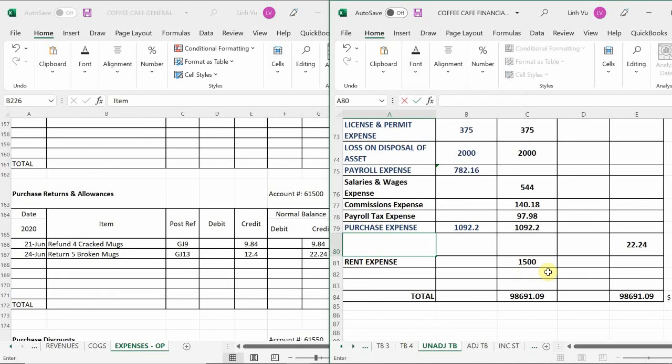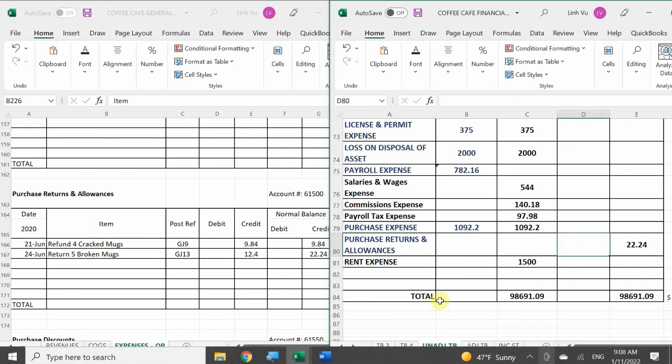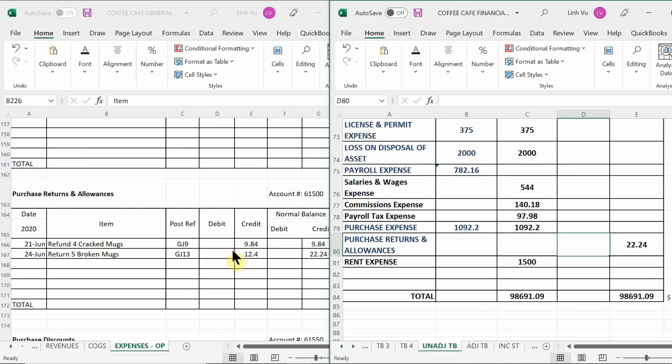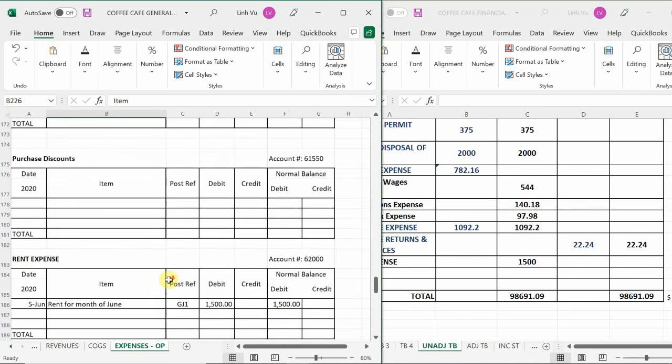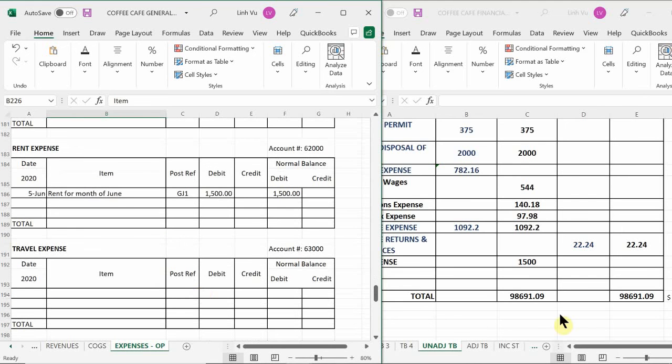Okay, so I'll show you what you can do if you want to combine it. Okay. Purchase returns and allowances is going to be for $22.24. Okay. And then let's see what else we have here. We have purchase discount, rent expense.